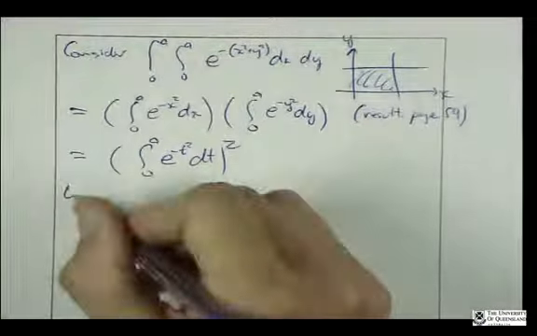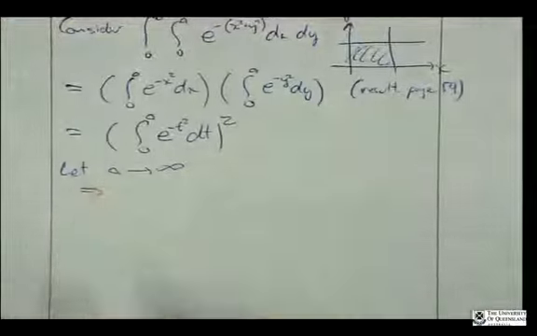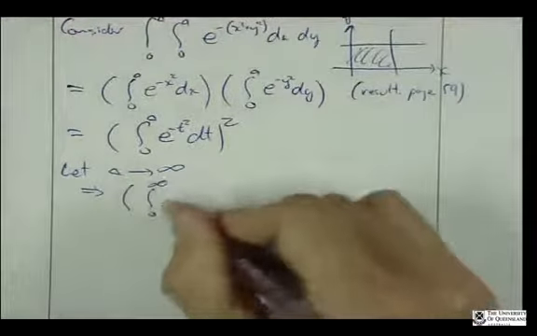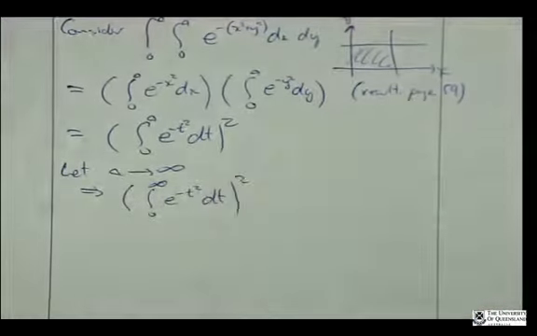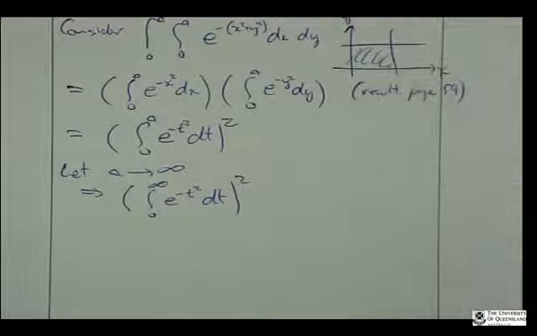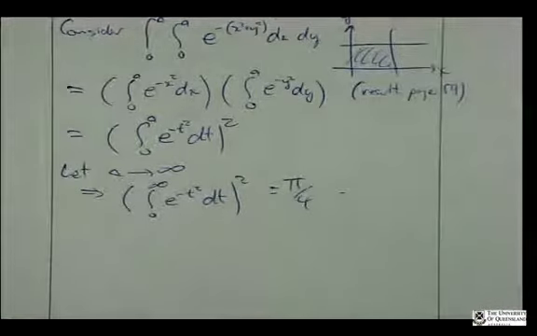All right, so now if we let a go to infinity, this implies that that integral from 0 to infinity, e to the negative t squared dt, all squared. So letting a go to infinity means we're now considering the entire positive quadrant. Right? This iterated integral is representing the volume above that quadrant, but we've already worked this out to be pi on 4, right, using polar coordinates.